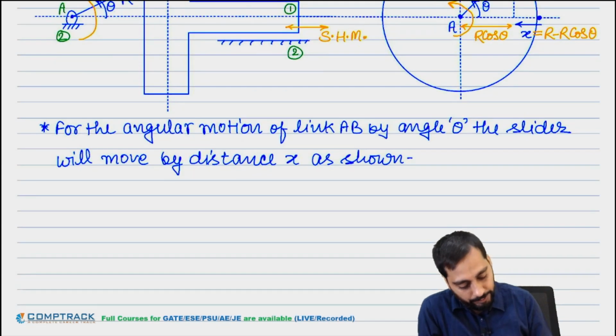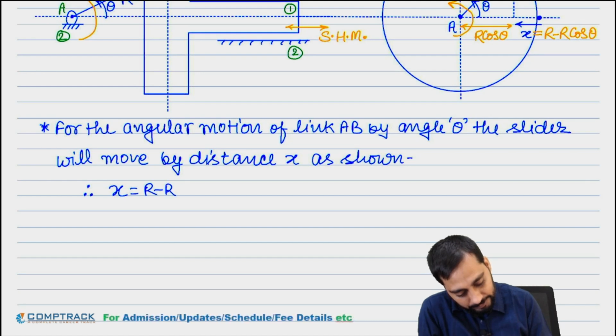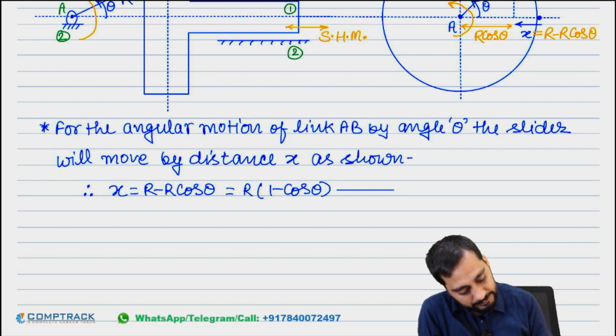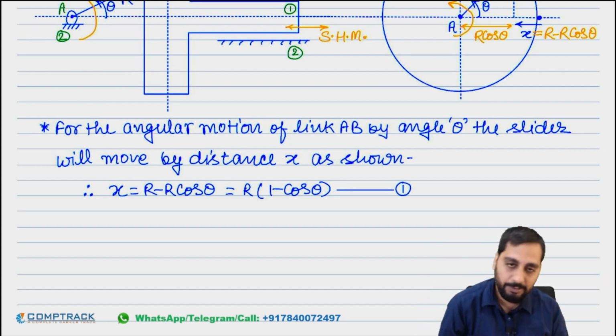Okay. So here the distance x will become simply R minus R cos theta, or you can write R common, 1 minus cos theta. So when the motion is along a line, distance and displacement will be the same.